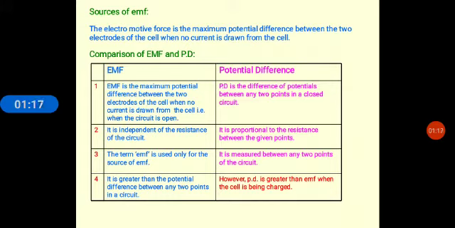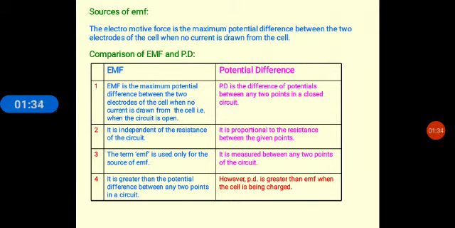The EMF of a cell is independent of the resistance of the circuit, while the potential difference is proportional to the resistance between the given points.